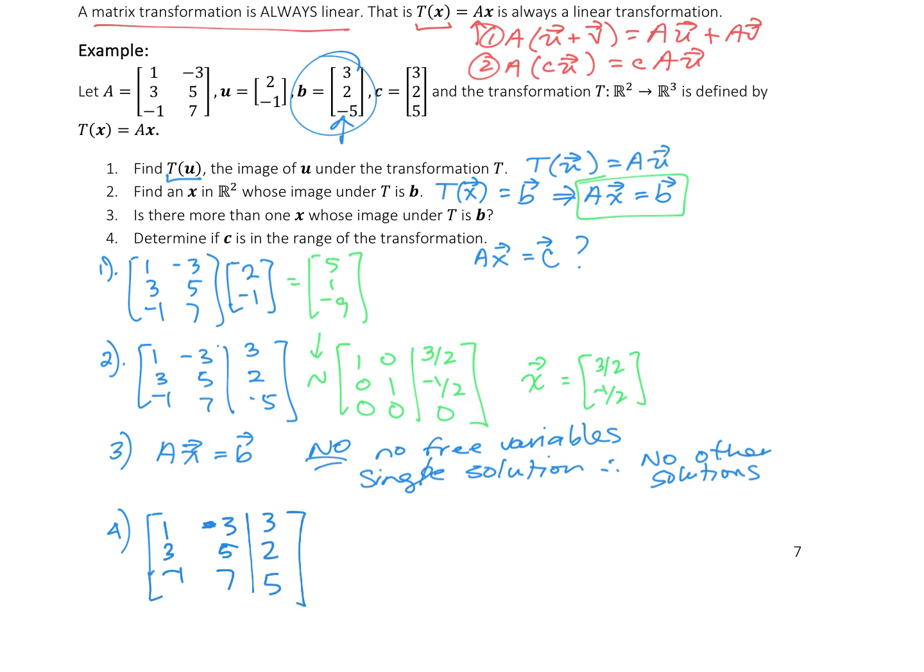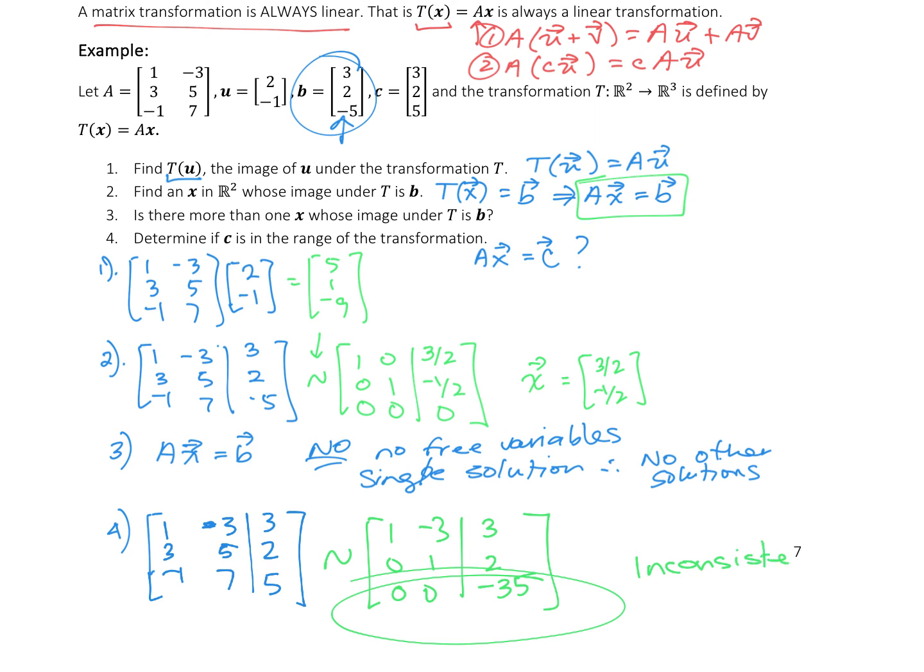For funsies, we're going to skip all the fun parts and just get down to 1, 0, 0, 0, -3. Oh, and here's where it gets curiously interesting. This one is inconsistent.